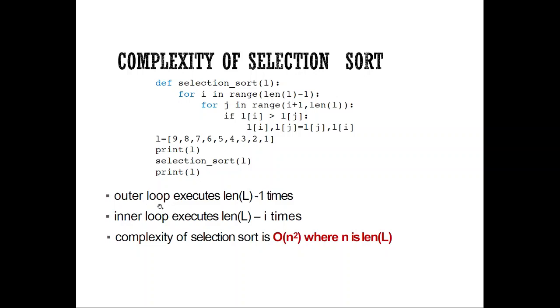So the outer loop would execute length of L minus 1 times, and the inner loop would execute length of L minus i times. So overall, the complexity of this sorting algorithm, again, is O of n squared.